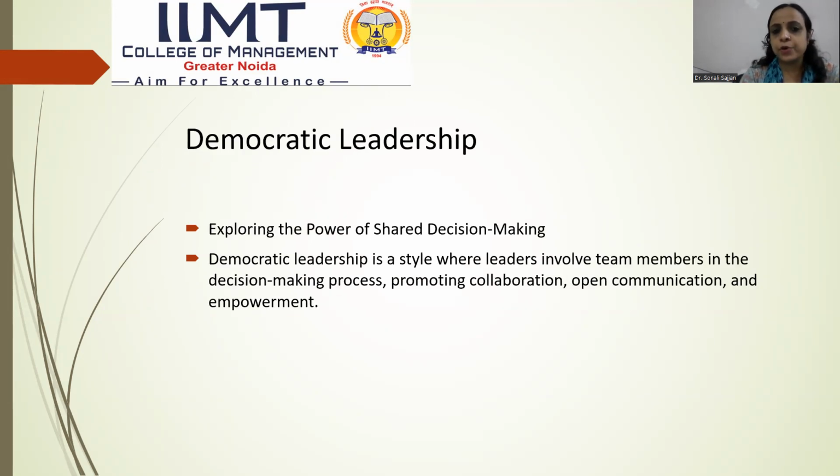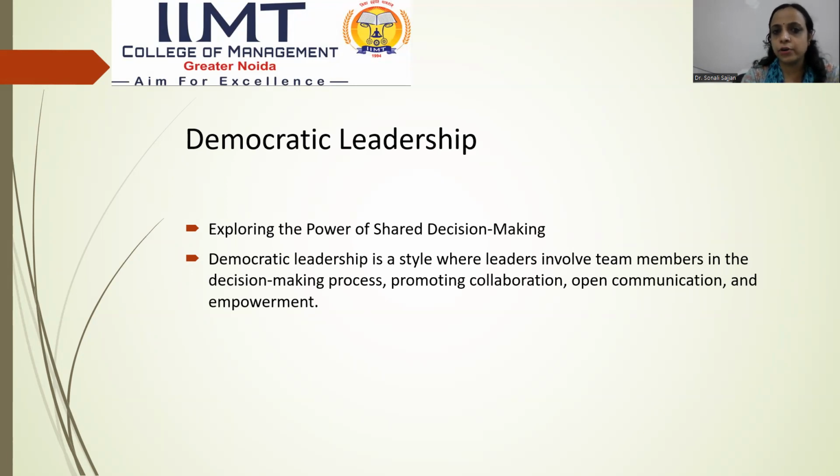Second one is democratic leadership. Under this leadership, we can say, exploring the power of shared decision making. Generally, this democratic leadership is widely used, a leadership style where leaders involve team members in the decision making process, promoting collaboration, open communication, and empowerment.